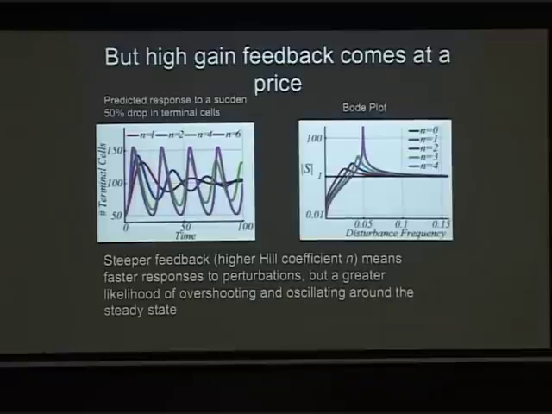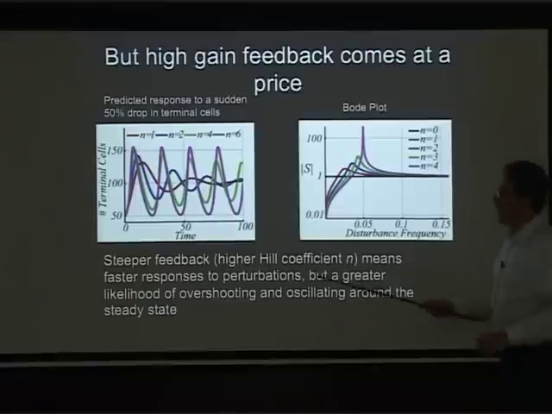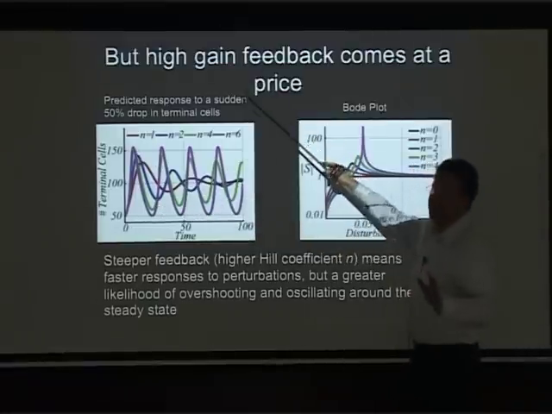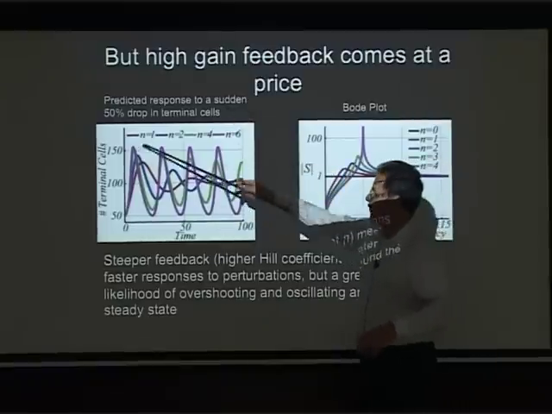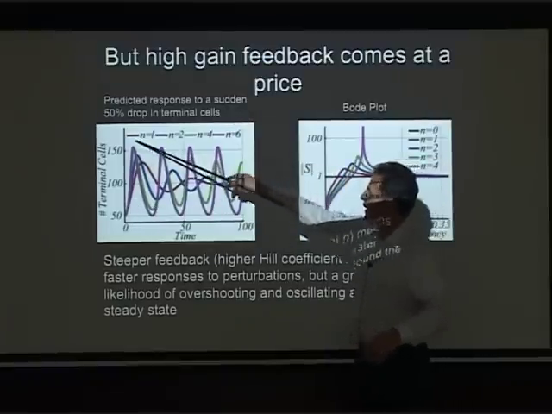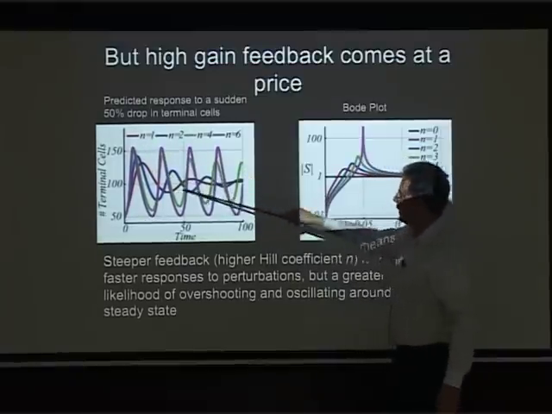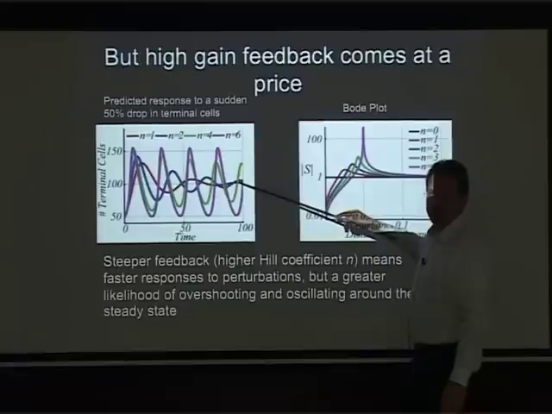Now, of course, everything comes at a price. And what engineers know is high feedback gains have a certain price that's very common, which is instability, what's called high gain instability. And these systems show this tremendously. This is a case in which you suddenly remove half the terminal cells and you see what happens. And if the feedback gain is 1, it's linear feedback, then you see some damped oscillation.